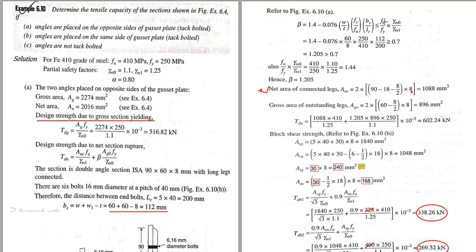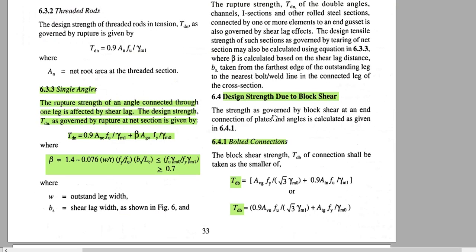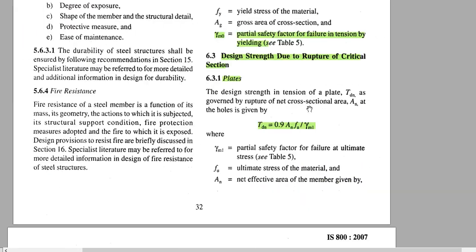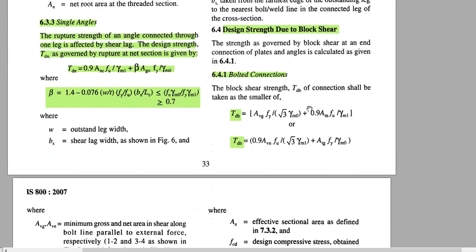It should be less than or equal to fu by fy multiplied by gamma m0 by gamma m1, and it is found here. So 410 by 250 into 1.10 by 1.25, it is 1.44. So beta should be less than or equal to this one and more than or equal to 0.7.